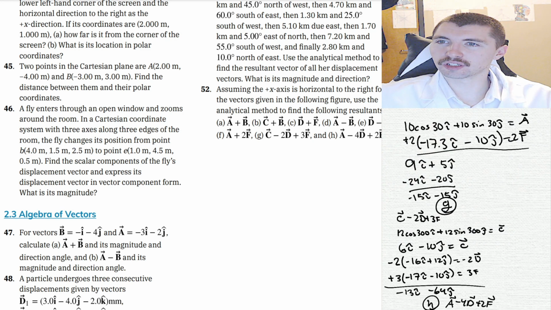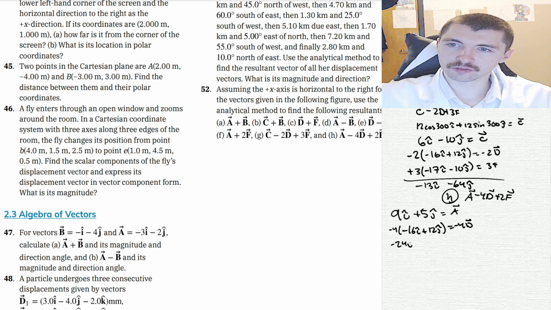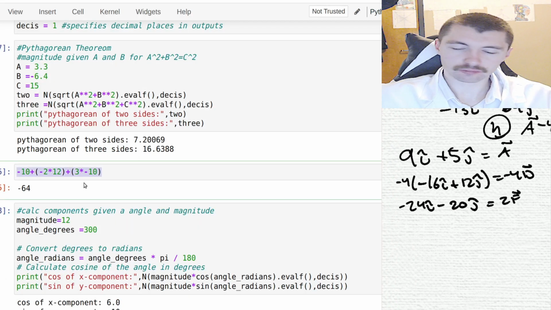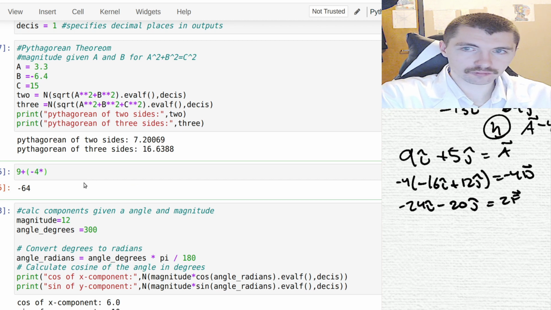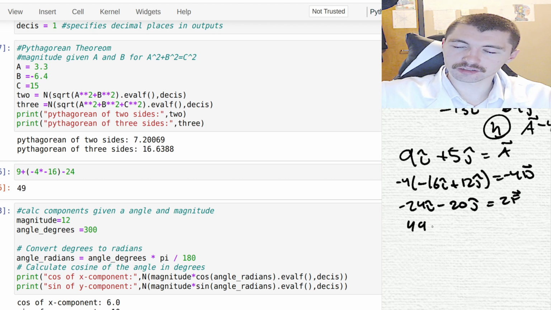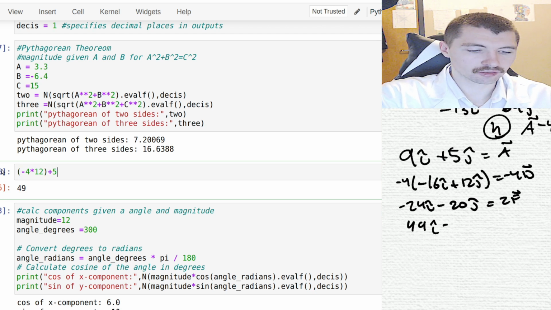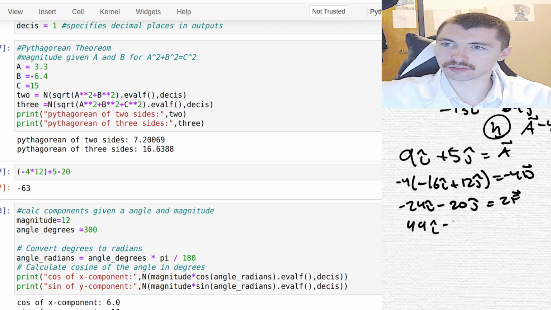That was negative 24 minus 20. So we will get 49i, sorry, I. Negative 4 times 12 plus 5 plus 20 minus 63. Okay, so that's our answer.